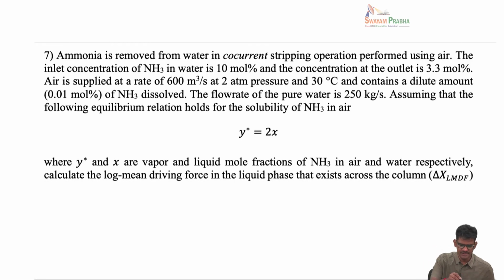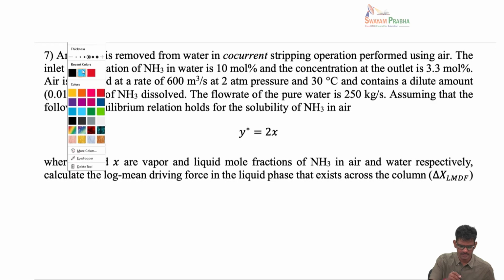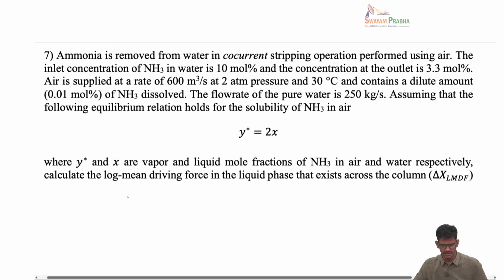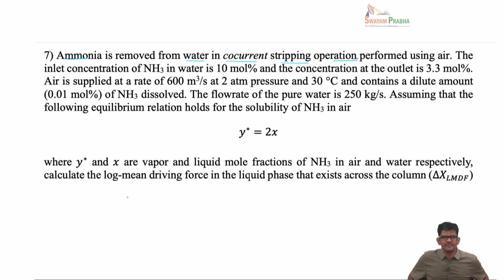So what we have here is an ammonia stripping problem. Ammonia is to be removed from water in a co-current stripping operation. I am bringing two differences. We are talking about a stripping operation, not absorption. So the operating line is going to lie below the equilibrium line because it's stripping, and it is co-current.